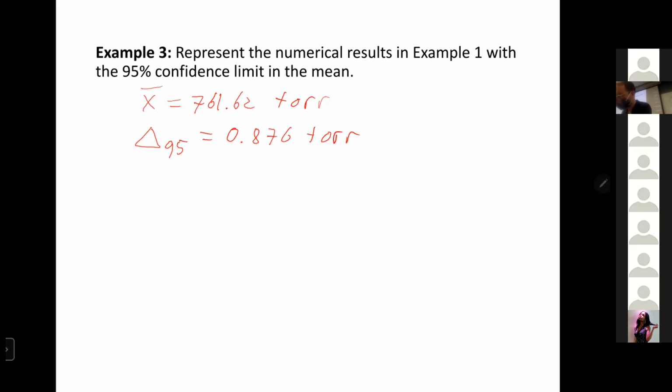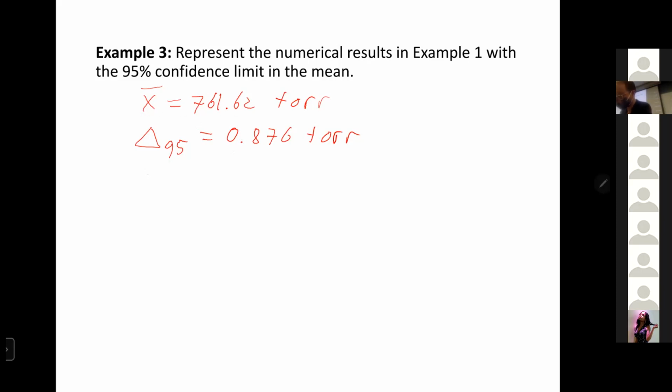But when we actually go to report this number, we're going to round the uncertainty to 1 significant figure, 1 digit. So it's going to be 0.9. And the uncertainty then is in the 10th place. So we're going to round also the average to the nearest 10th of a torr.